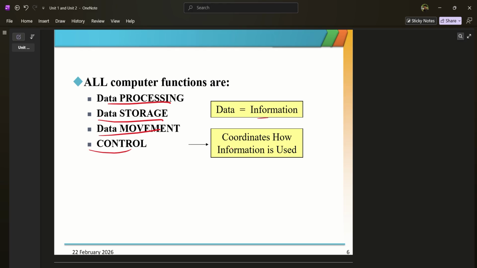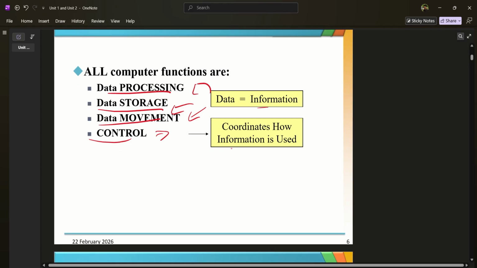So the data can be processed, stored, or moved across the different components of the computer, and we can also control how the information is used.